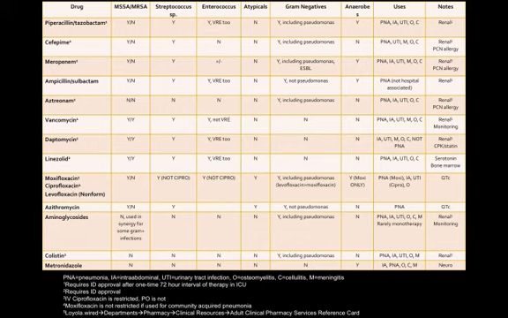If you need other atypical coverage and you don't want to use a quinolone, you could consider azithromycin, which is our macrolide of choice here. It's going to have your classic community-acquired pneumonia organism coverage, not going to cover Pseudomonas, but again, good atypical coverage.